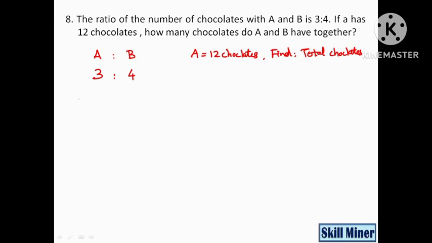A is having 12 chocolates. B chocolate, we don't know. We keep it as x. As per the question, A by B is equal to 3 by 4 is equal to 12 by x.